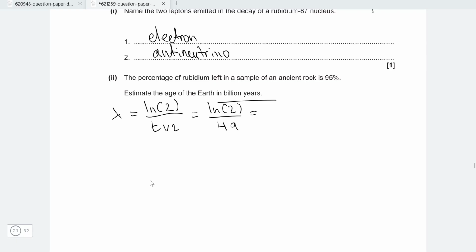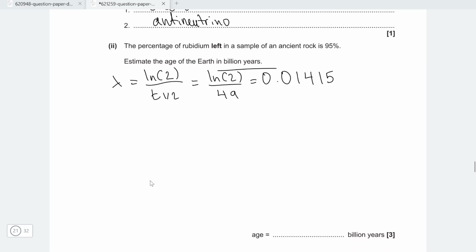So our decay constant is going to be equal to 0.014. Let's give it a bit more significance, because we are going to be plugging that into an exponential formula in a minute. So that's the decay constant in billions of years raised to the power of -1.